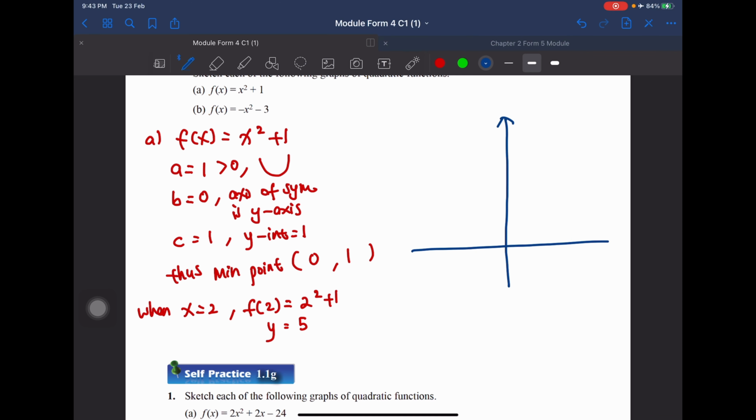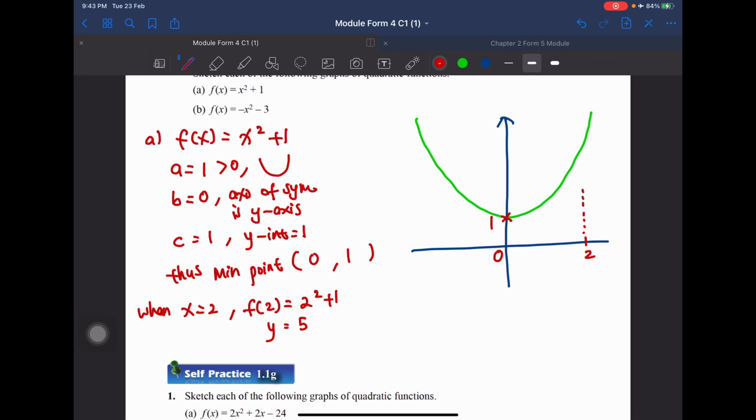Okay, so graph dia senyum. So this is our minimum point. So sini is 1, and sini is 0 lah, sebab tu koordinat dia (0, 1). Next, kan kita dah pilih mana-mana koordinat ni tadi. x equals 2, for example, sini x equals 2.